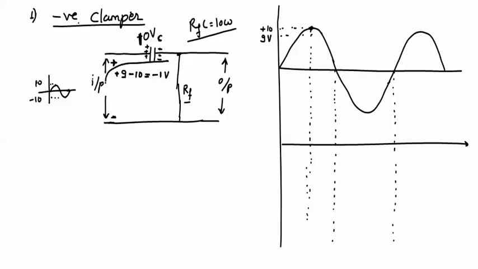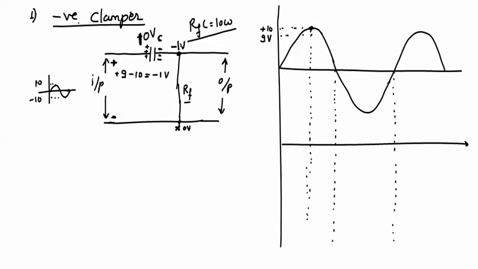From here to here we have calculated this voltage equal to minus 1 volt. If this point is considered as 0 volt, then this point will be at minus 1 volt.